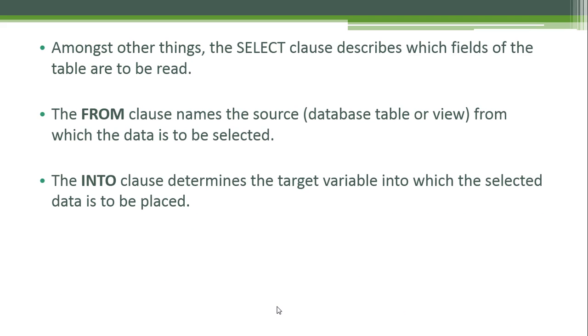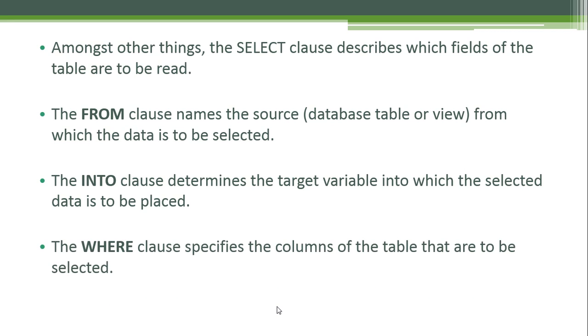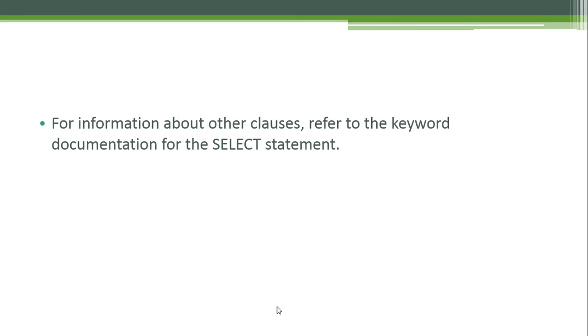The into clause determines the target variable into which the selected data is to be placed. The where clause specifies the columns of the table that are to be selected. For information about other clauses, refer to the keyword documentation for the select statement.